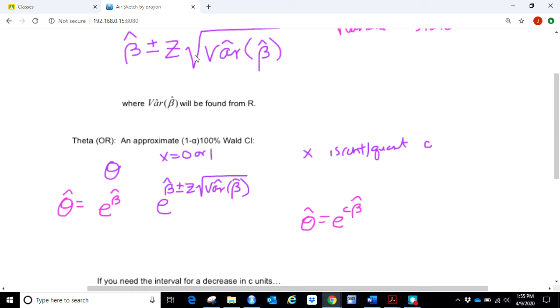So it's going to make my formula for the confidence interval look a little bit different. It's going to be e to the c beta hat, which probably makes perfect sense, plus or minus z times c times that square root of the estimated variance of beta hat.